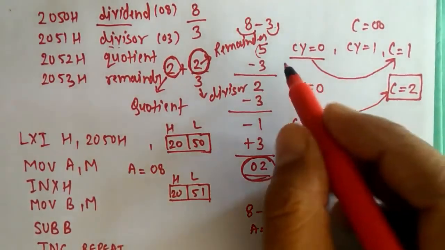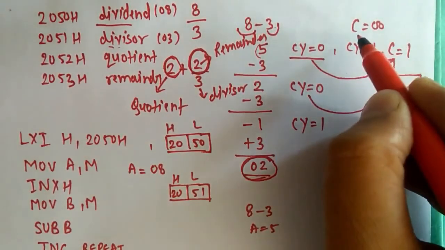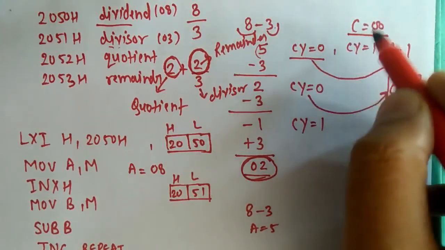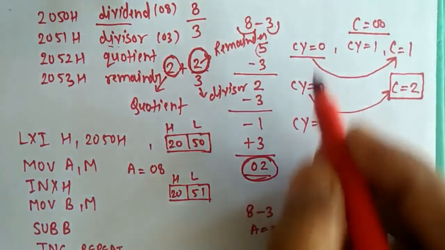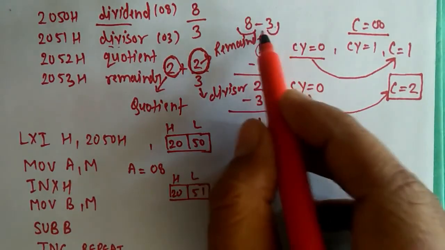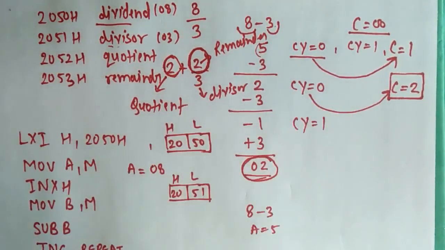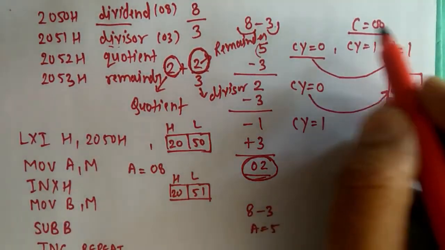Okay, remember I said earlier that we will be taking initial value 00H in a register C. So first time when we are subtracting the value, then content of C must be 00, and again on checking for carry we have to increase that value.